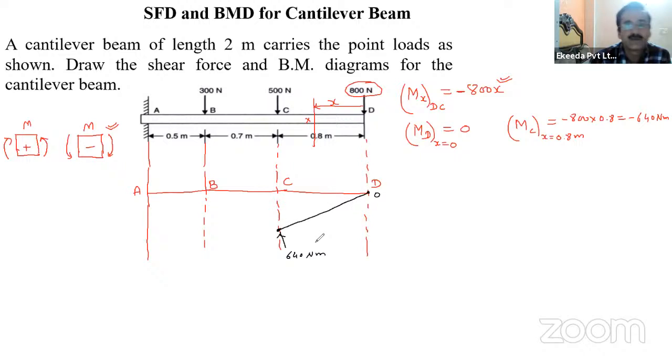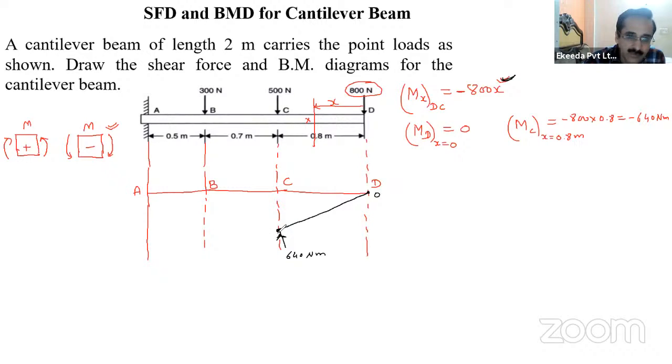So this is the bending moment diagram between D to C. The linear variation is there because the X term is there. At D point it is 0, and at C point it is 640 negative.